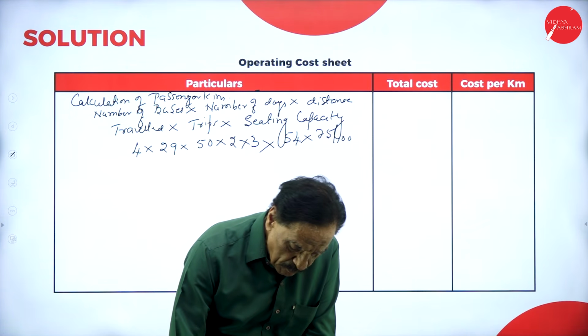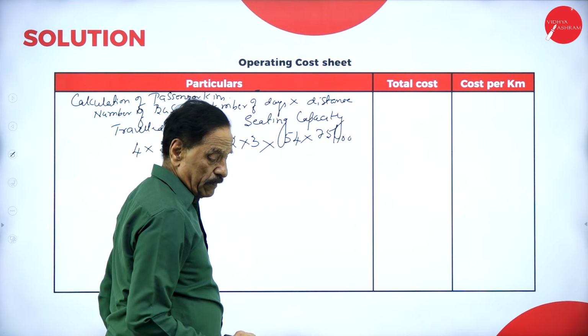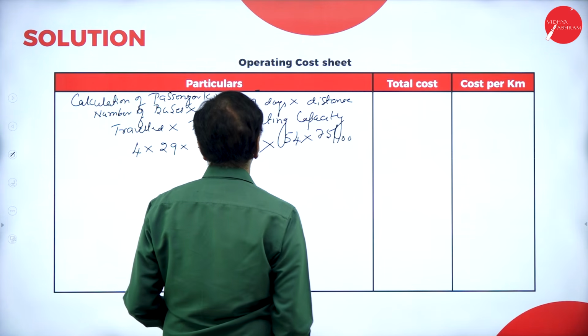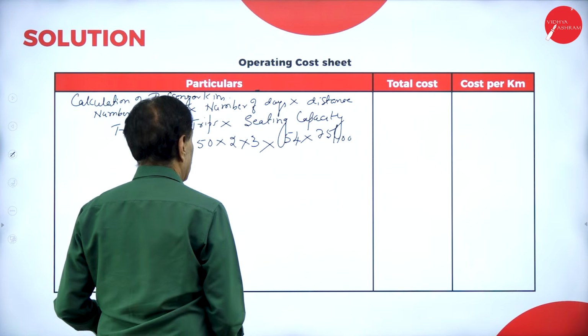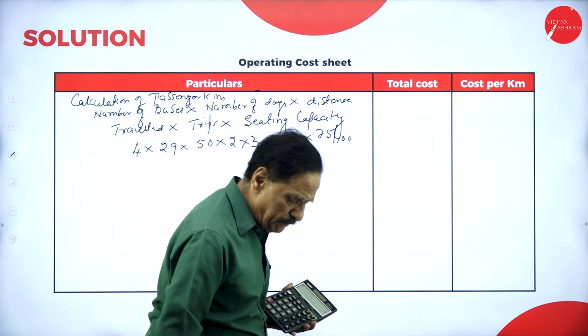Number of buses 4, into how many kilometers apart, 50, number of days 29.